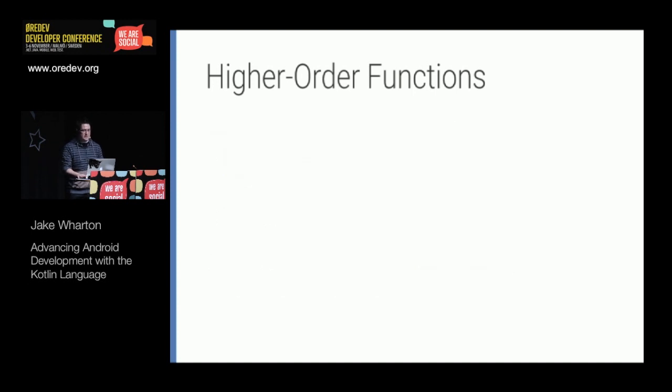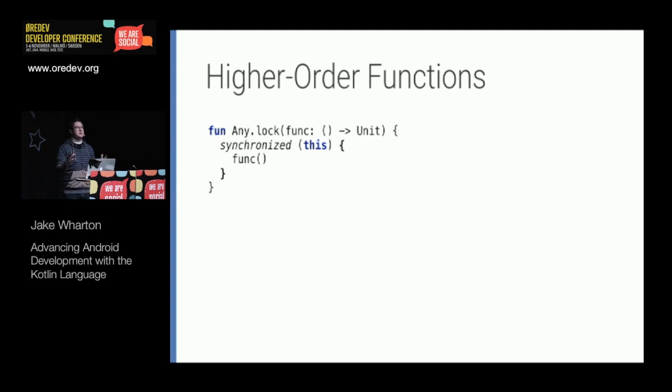An example that doesn't exist in the Kotlin standard library: instead of doing synchronized blocks, we could use an expression to execute code in a synchronized block. So Any is Kotlin's version of Object. Every type is a subtype of Any. And we can add a method to it that just takes in a function and executes it inside a block that's synchronized on that instance.